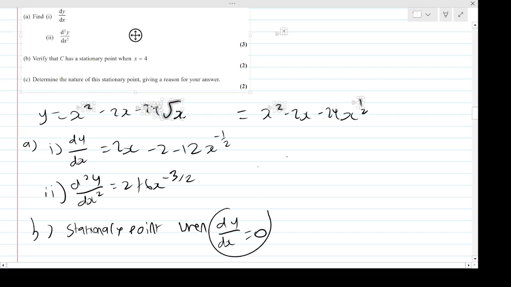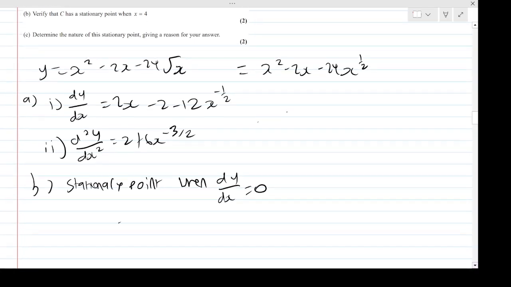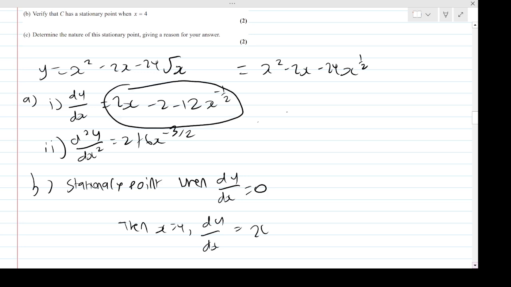Well, again, we need to substitute x is 4 into my derivative. Then when x is 4, my dy dx, which is this expression here, is going to be 2 times 4 minus 2 minus 12 times 4 to the minus a half. Then I hopefully should get 0 if I put that in a calculator.